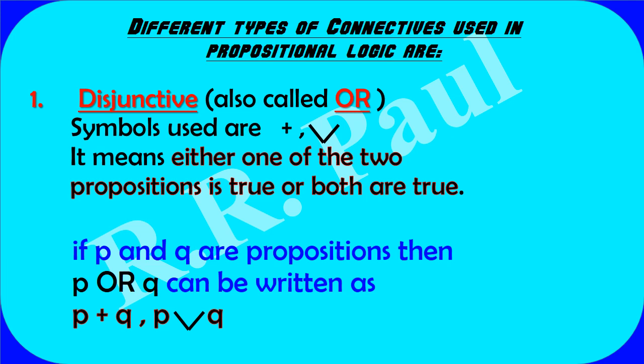The first one is disjunctive operator, which is also called OR operator, and the symbols used for it are plus and a V type symbol.